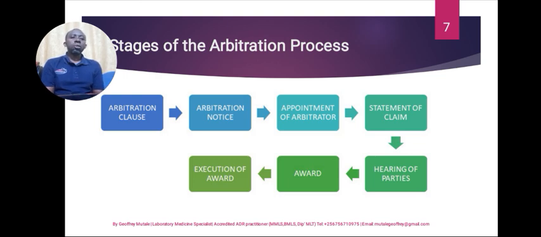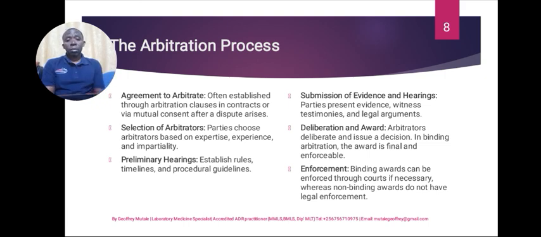This may not be totally within the powers of an arbitrator, but in some circumstances it can be enforced by court, because like we said, an arbitration award which is made is enforceable and may not be challenged.